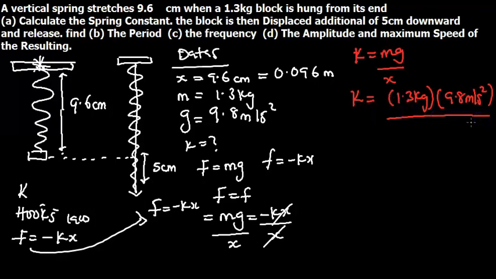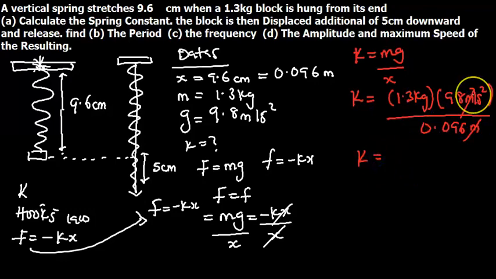That is the displacement from the equilibrium position. Is it given in meters? No, it's given in centimeters, and we have converted it to meters, which is 0.096 m. At this point, the units work out so that the unit of the spring constant is newtons per meter.